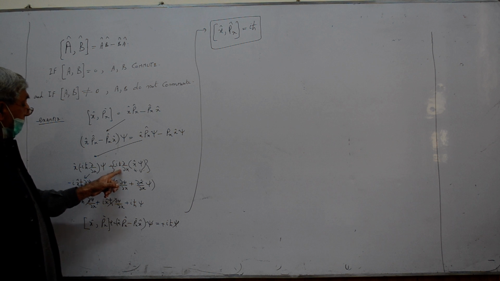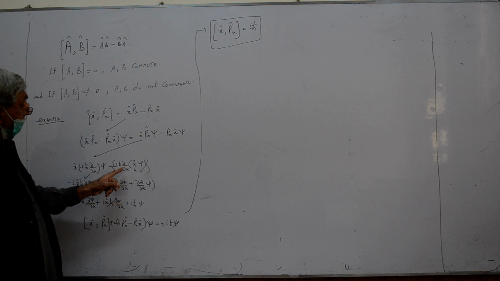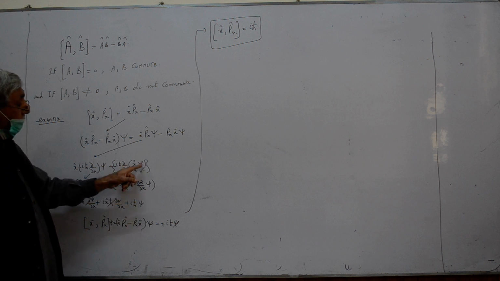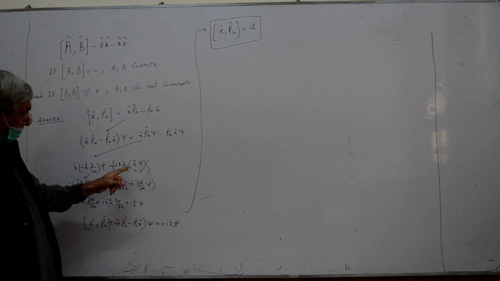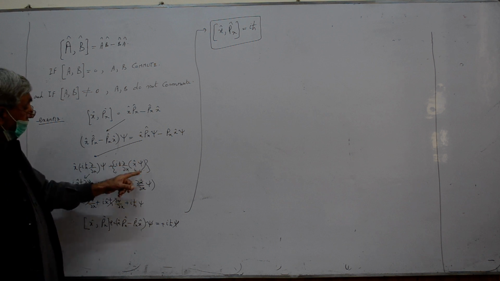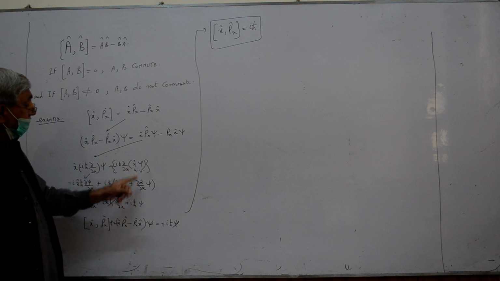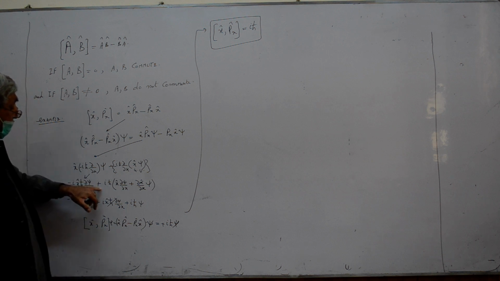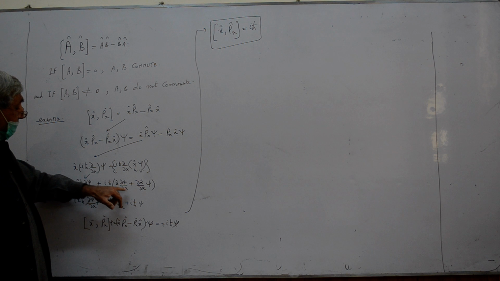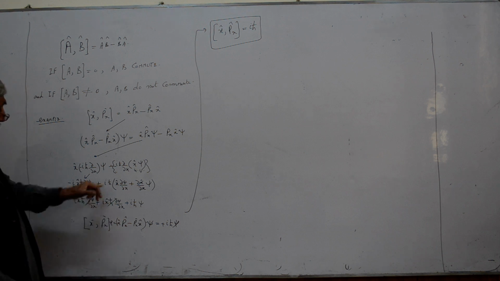Minus i h bar, and this minus minus become plus, and this is operating on x psi because psi is also a function of position, okay? So u into derivative of v plus derivative of u into v, and you see this becomes i h bar x delta psi over delta x, which is similar to that one, so they cancel each other.